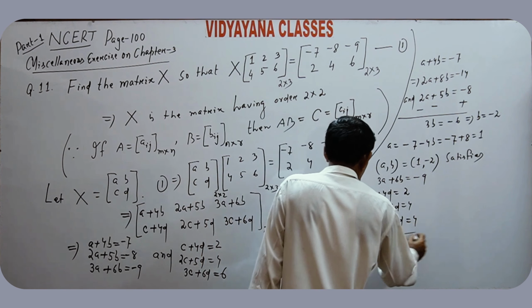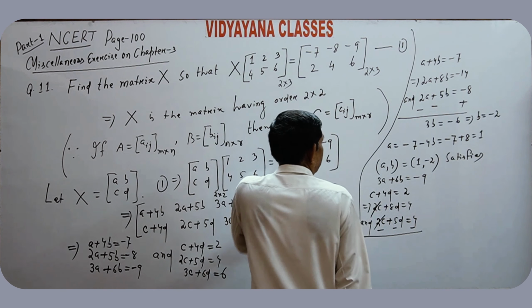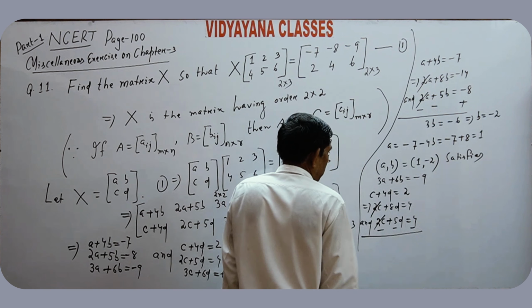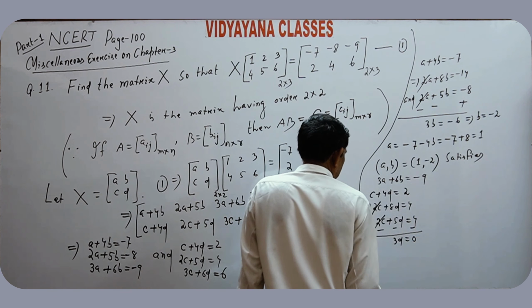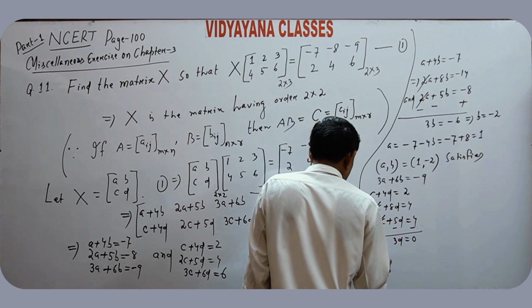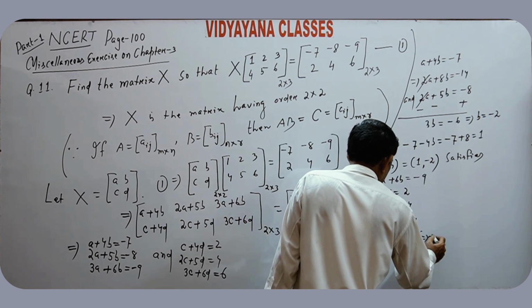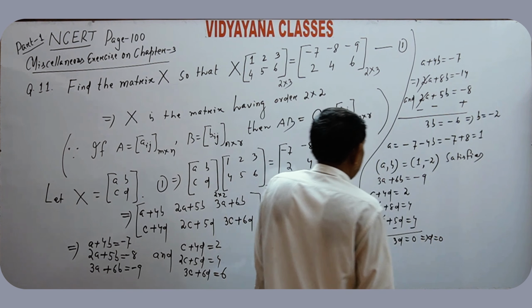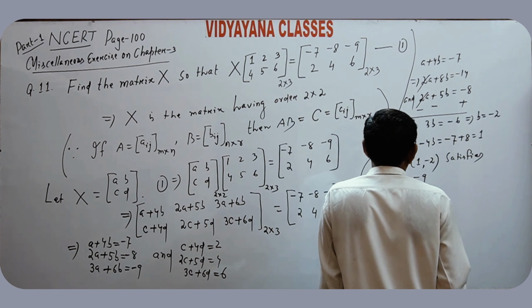By the subtraction, 2C cancels, 3D is equal to 0, D is equal to 0. Clear? D is equal to 0.